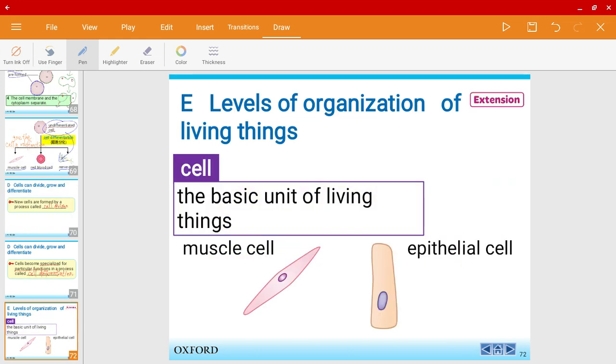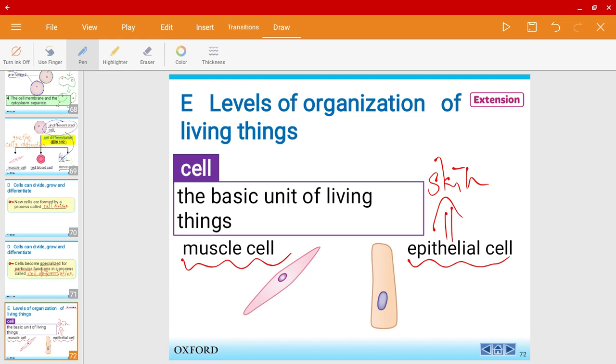Now you may ask me, Mr. Harris, well, what's the point of having so many cells? For example, we have a lot of muscle cells. So what? If we have a lot of epithelial cells, these are cells that are on the outer surface, for example, on the skin. So, what's the big deal about having so many of these cells?